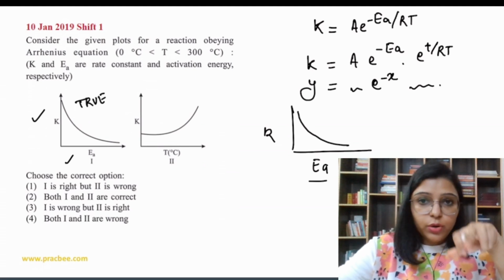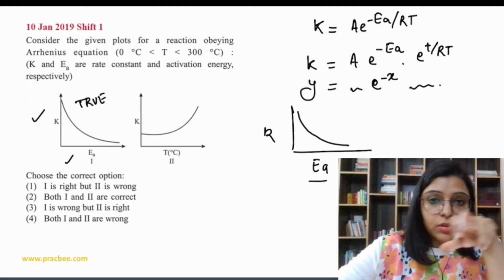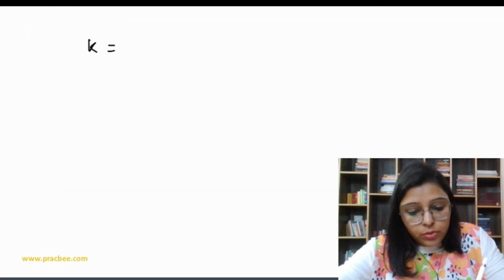Now similarly, if I want to plot a curve between rate constant and temperature, K is equal to A e to the power minus Ea over RT.